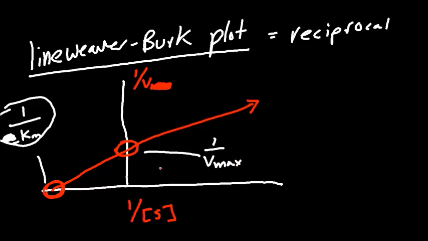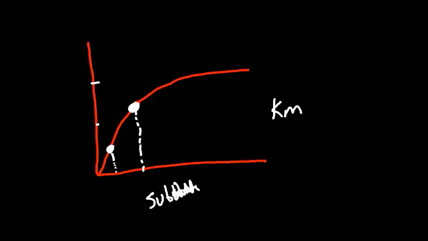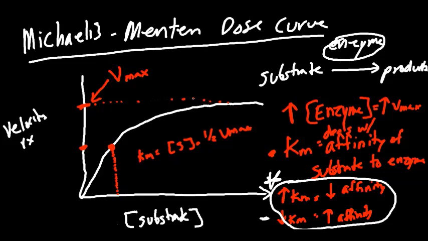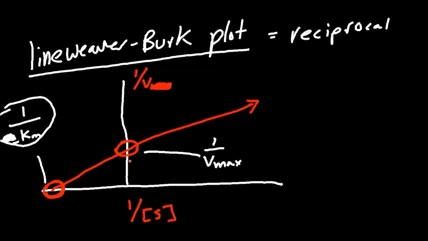Reciprocal of Vmax. Because remember velocity, I'm going to go back. Remember velocity and Vmax are related, while Km and substrate concentration are related. All we're doing is putting it in a different way to look at it. The reciprocal view. Our Vmax and velocity are still connected.